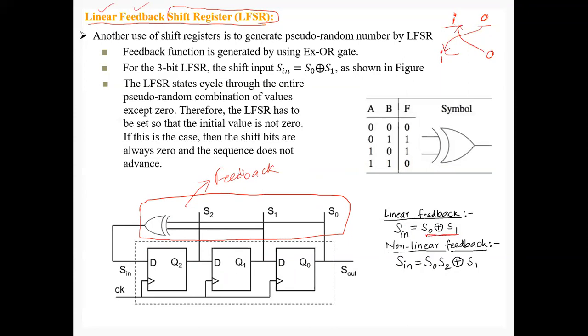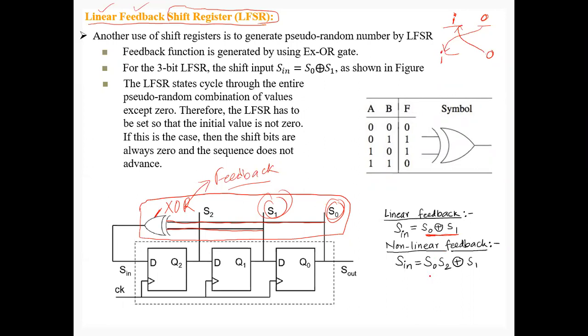It's S0 XOR S1, meaning this S0 and this S1. These are the two inputs to the XOR gate. This is the XOR gate, right? So the feedback is generated by XORing S1 and S0. So this kind of feedback is called linear.